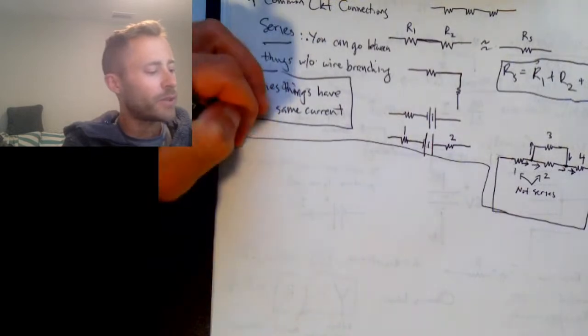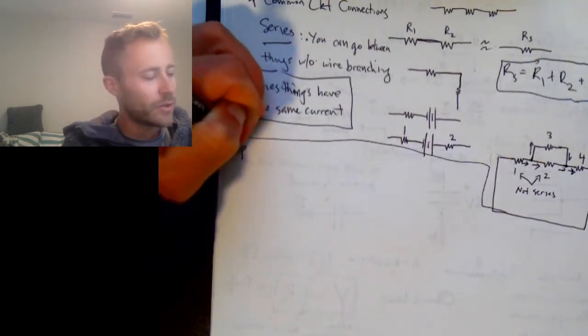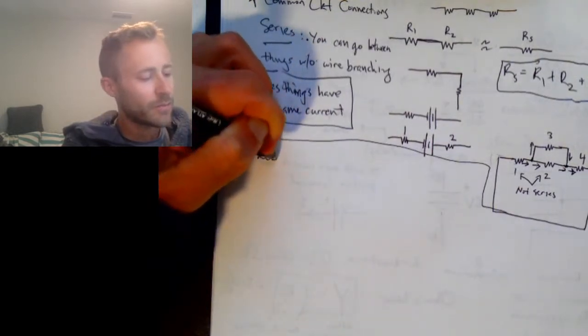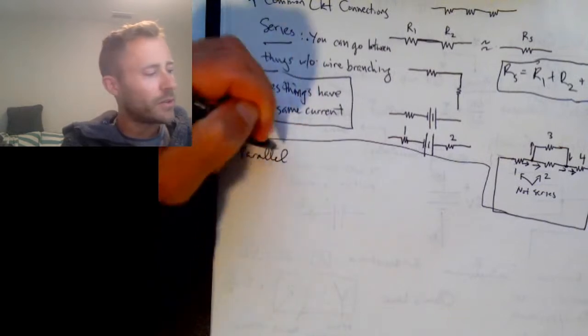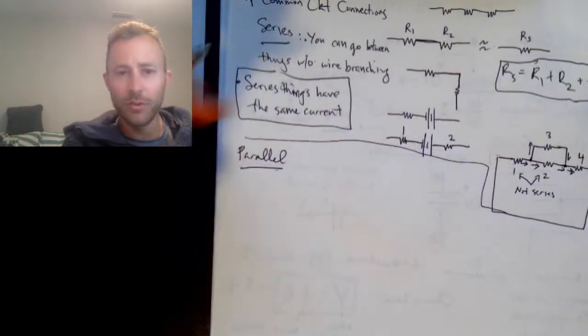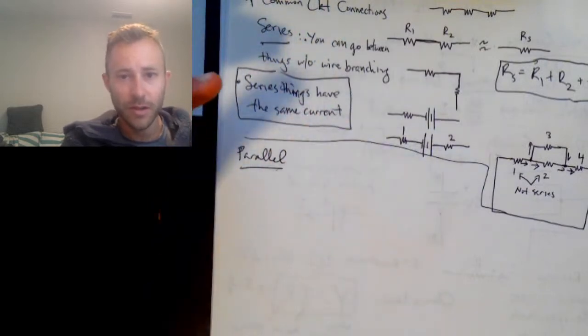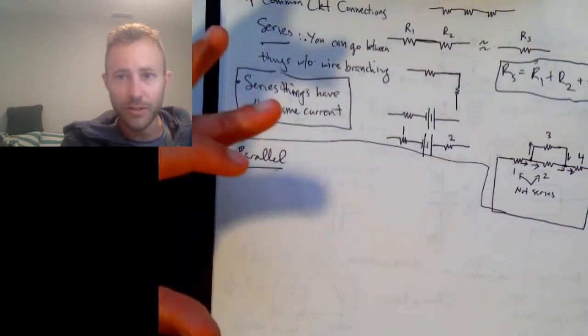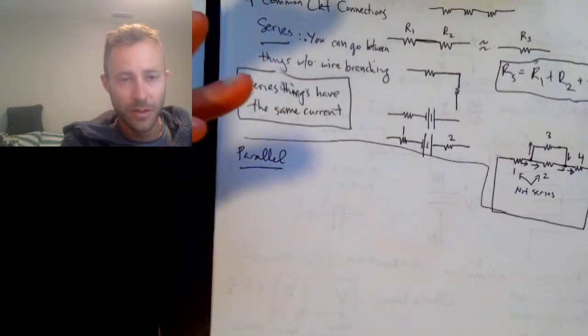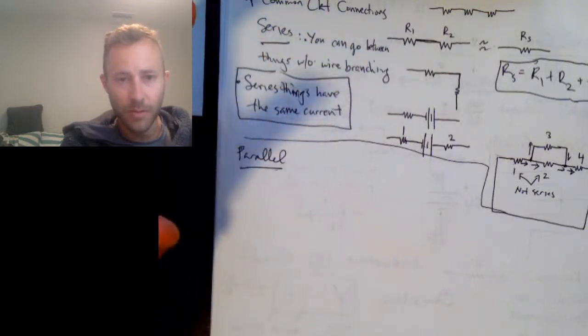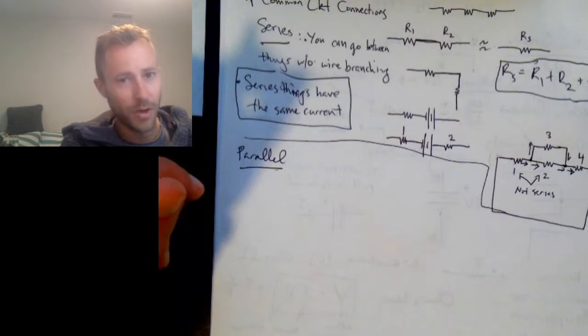The other type of connection you can have is called a parallel connection. I want to point out that these are two common categories of the way things are connected. You can have things connected that aren't in series and also aren't in parallel. That's completely possible.